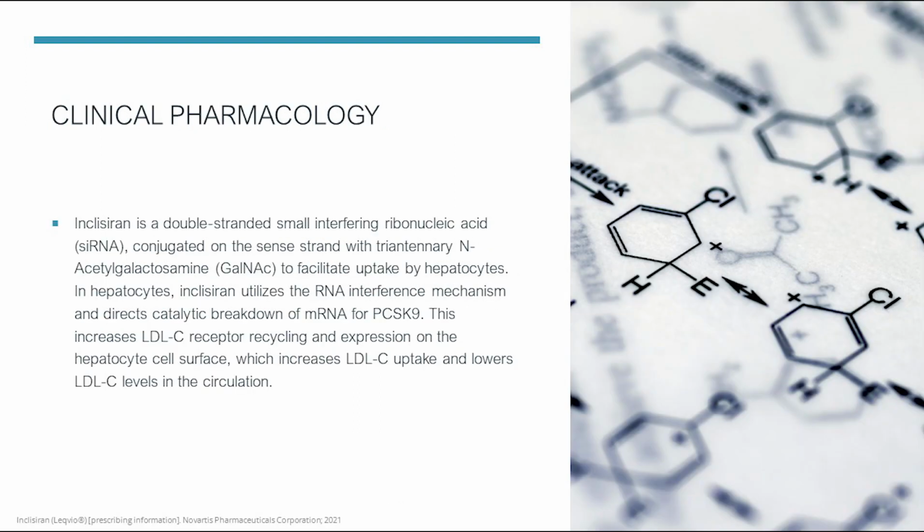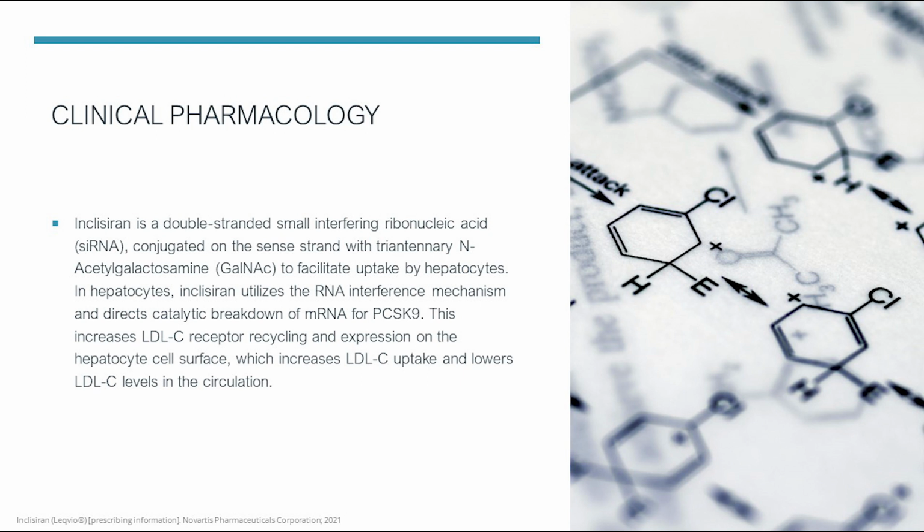Inclisiran is a double-stranded small interfering ribonucleic acid, or siRNA, as I mentioned earlier, conjugated on the sense strand with tri-antennary N-acetylgalactosamine to facilitate the uptake by hepatocytes.